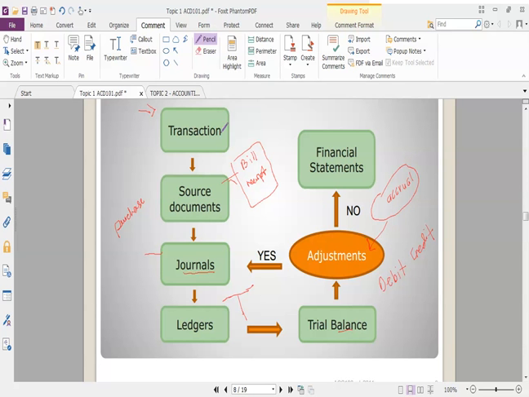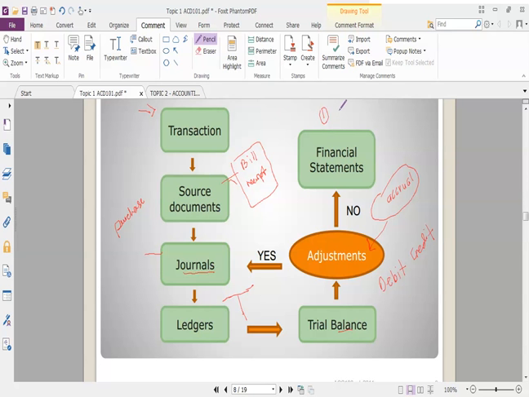We will discuss step by step how to create the transaction, and what the source document is. After you understand the transaction, source document, journals, and ledgers, finally you will prepare the financial statement. We have two types of financial statement.